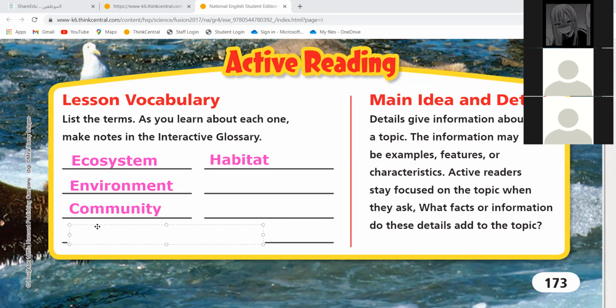So community is different kinds of animals all living together, like a zebra, an elephant, an ostrich. So we learned about community. What else did we learn about?